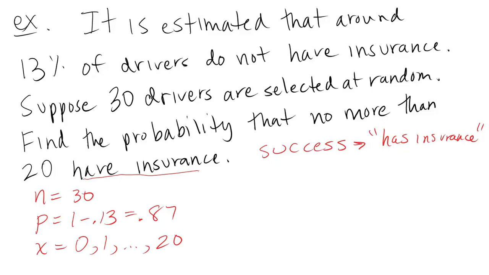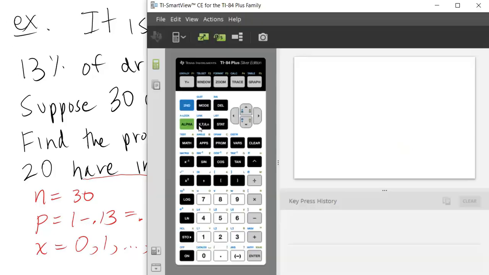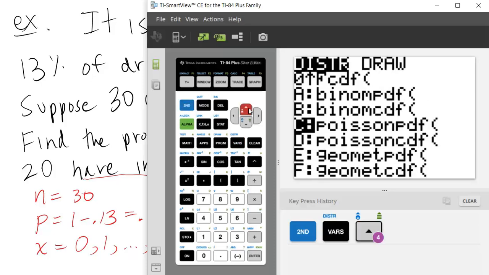This is what Binomcdf is built to do. So I just have to give the correct inputs. N is 30. P is 0.87 because I chose a success to be somebody who does have insurance, and I just need to tell the calculator to stop at 20 successes. Let's run this in the calculator. Second, vars. I'm going to scroll to choice B to be careful here rather than selecting it with alpha.